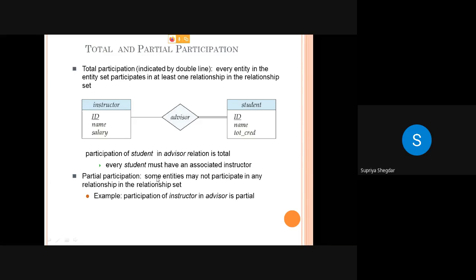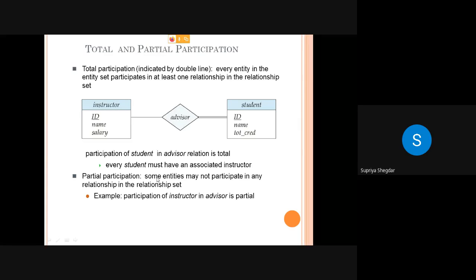Consider 10 students. Only one instructor in the instructor entity is sufficient for the 10 students. Consider a total of 5 instructors; among those 5 instructors, we are using only one instructor to guide 10 students.